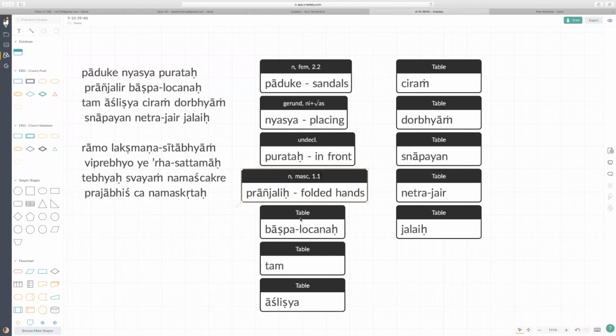Next, Bashpalochanaha. It's a noun again. Lochana, masculine 1-1. Lochana means eyes.